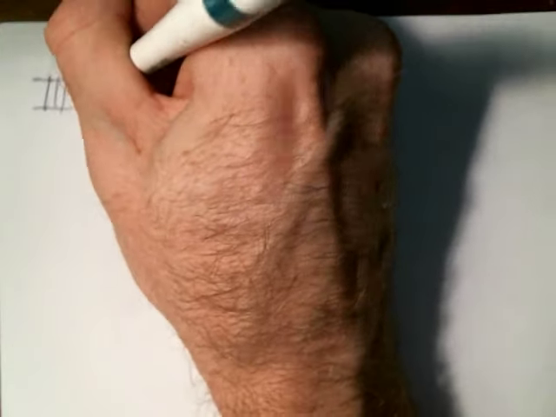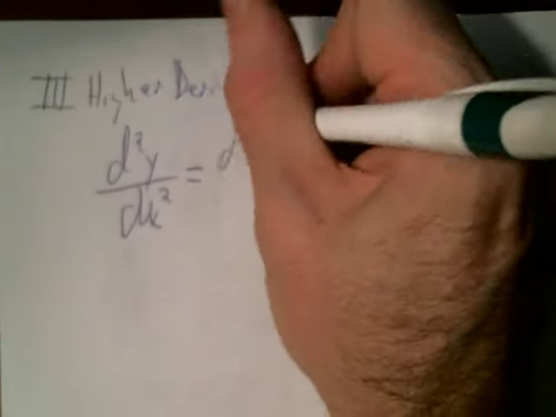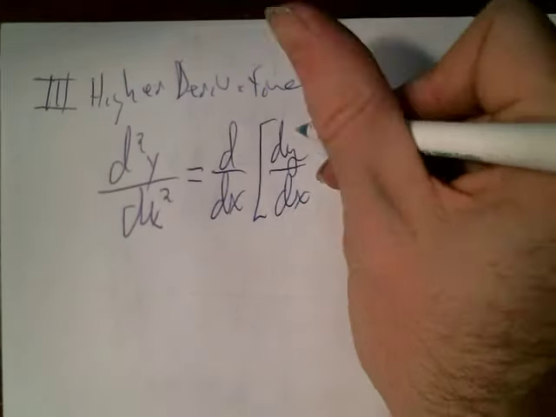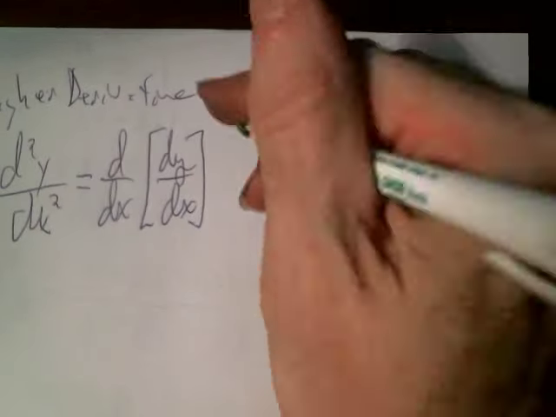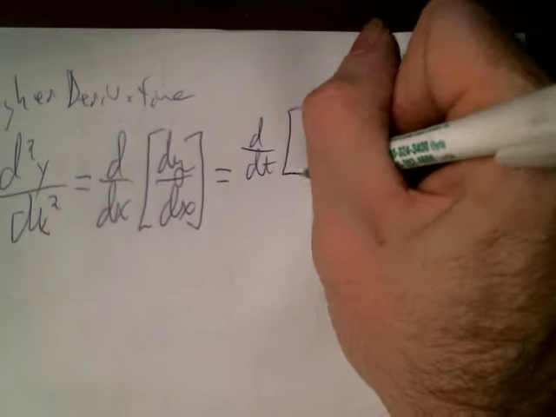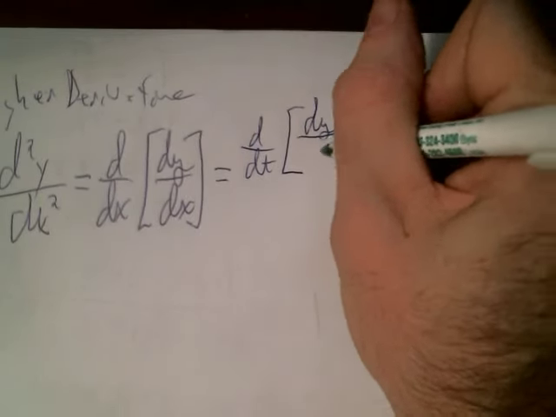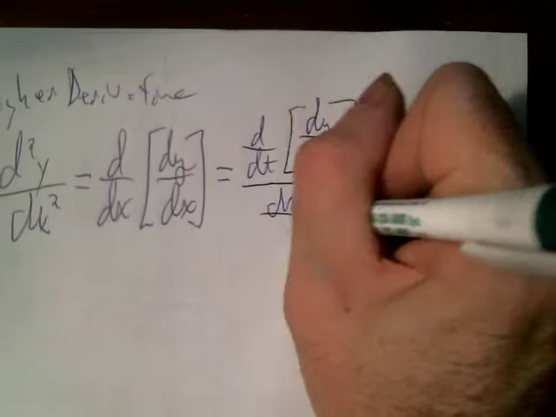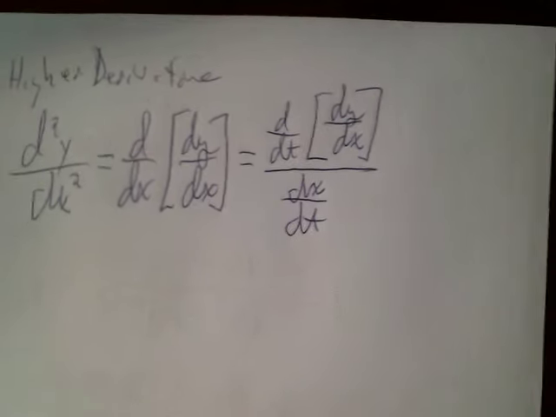Higher derivative: the second derivative with respect to x is going to be the derivative with respect to x of the original derivative, right? And so how does that work? What you're doing is taking the derivative with respect to t of the first derivative that you found, and then dividing it by the derivative of the x formula with respect to t.